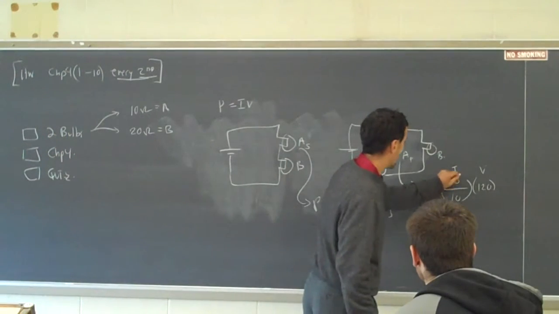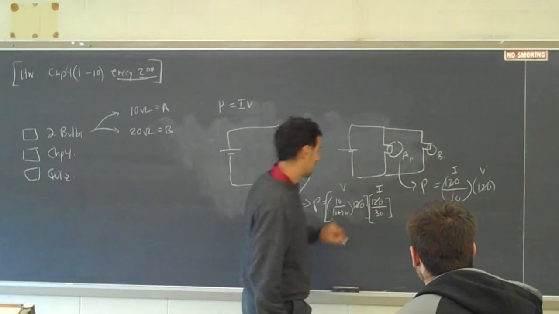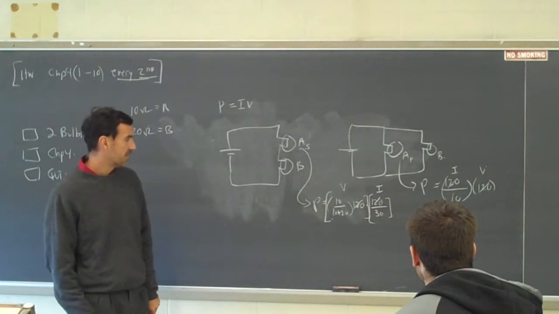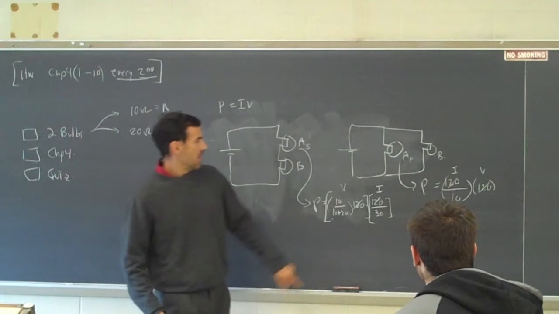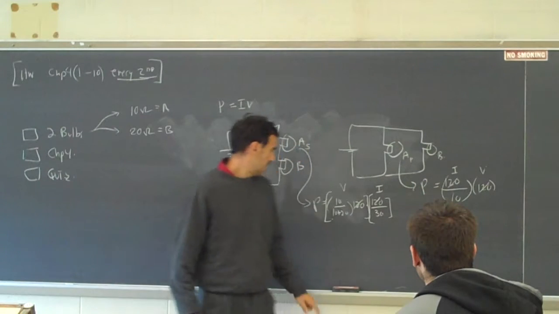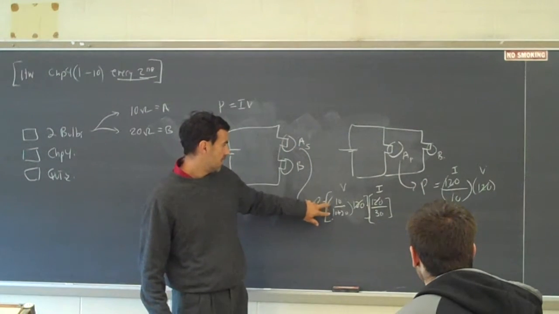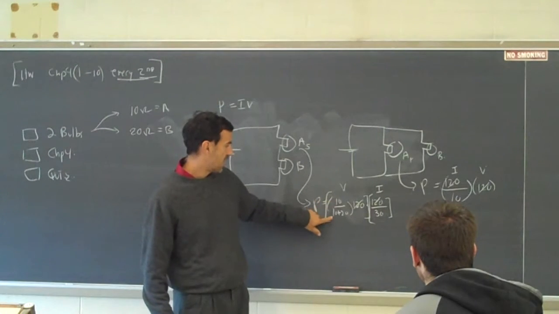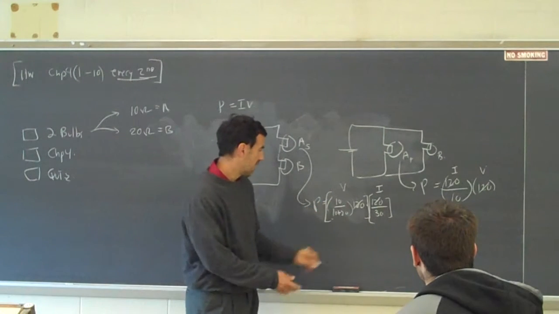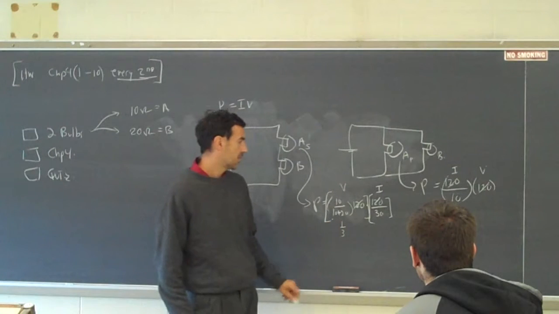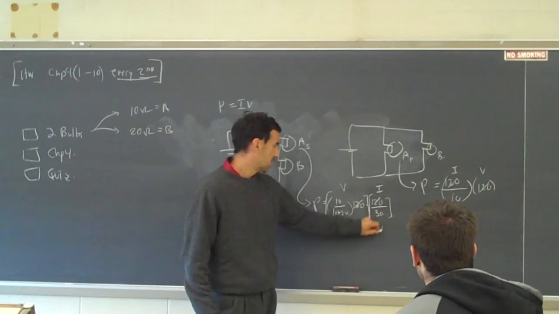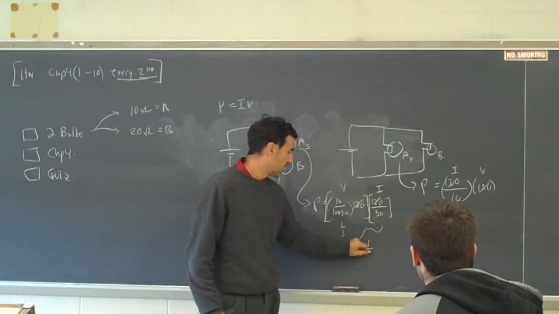You can see they both have 120 squared in them. This is divided by 10. Let's see, this 10 divided by 10 plus 20 is the same thing as 1/3. 1/3 times 30 would be that over 90.